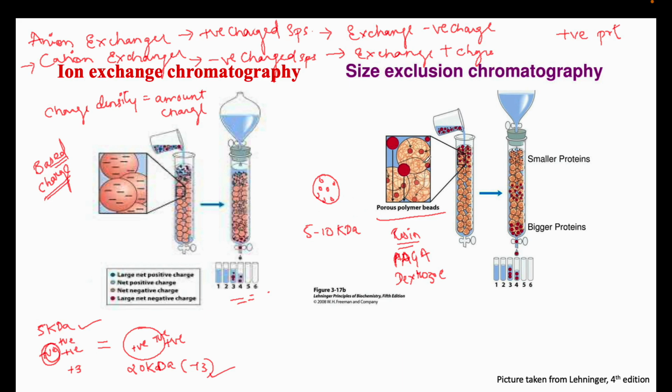It will go into these porous beads, right? It will travel along the beads, and it will take longer time to elute, because since they all are porous, they'll go inside the bead and they'll travel, and they will take a long time to travel down the column, and hence my 5 kilodalton or 5 to 10 kilodalton protein will elute last.